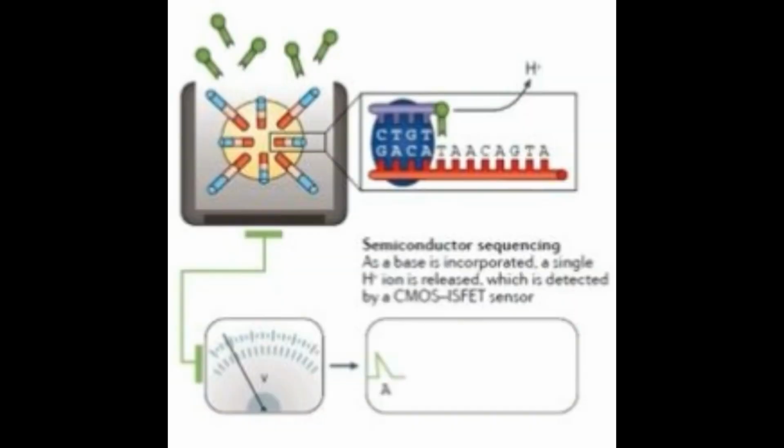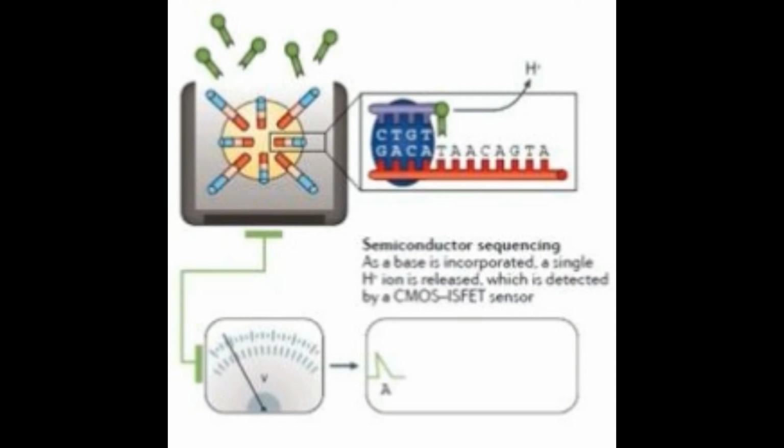A method similar to pyrosequencing is called Ion Torrent, which is a non-optical sequencing method. Just like the release of PPi during the polymerase reaction, we have a release of H+ ions as a byproduct of the elongation reaction during the action of polymerase.